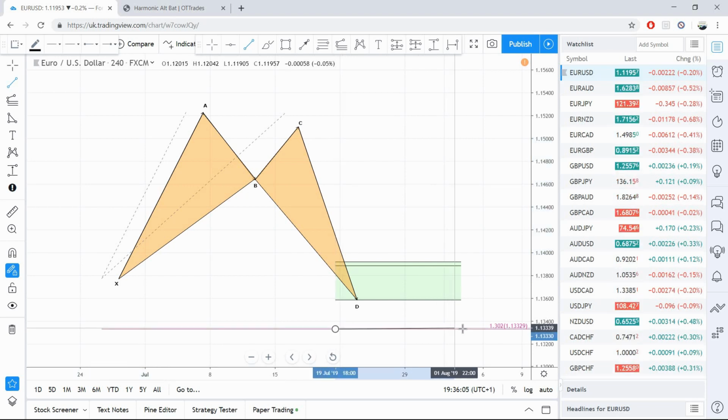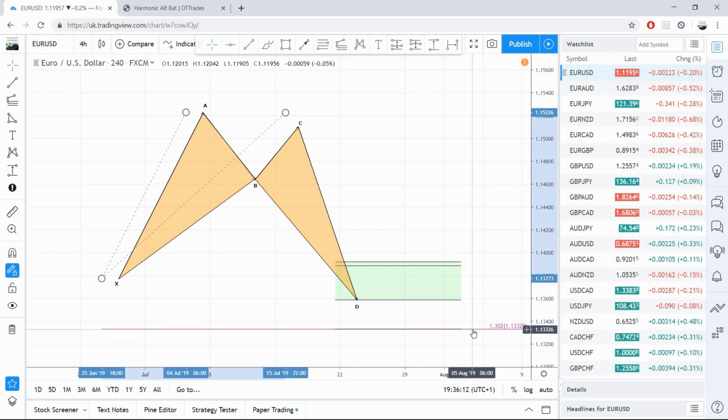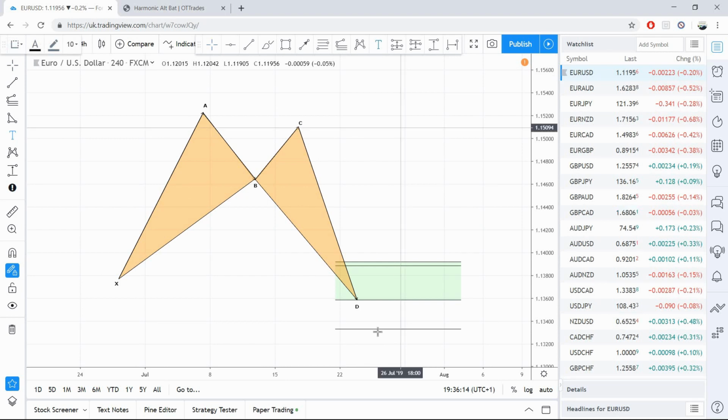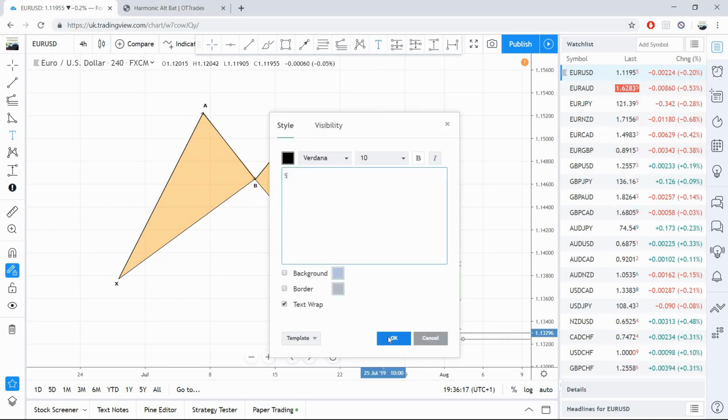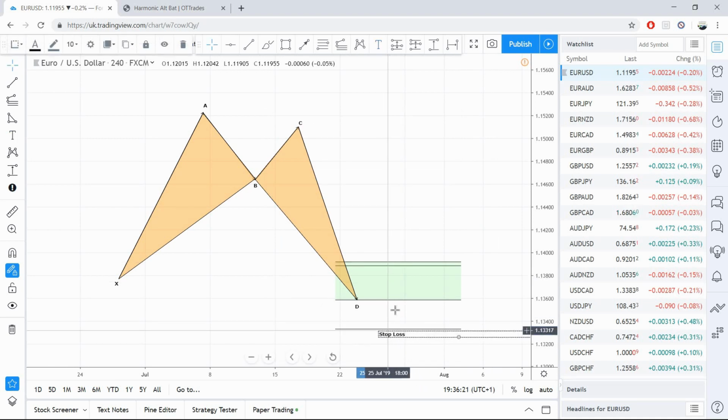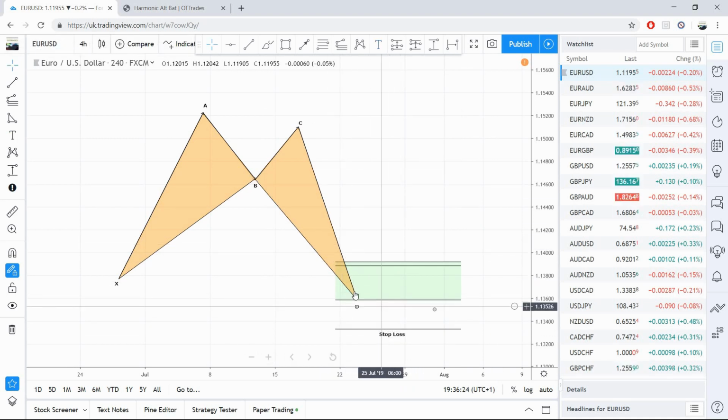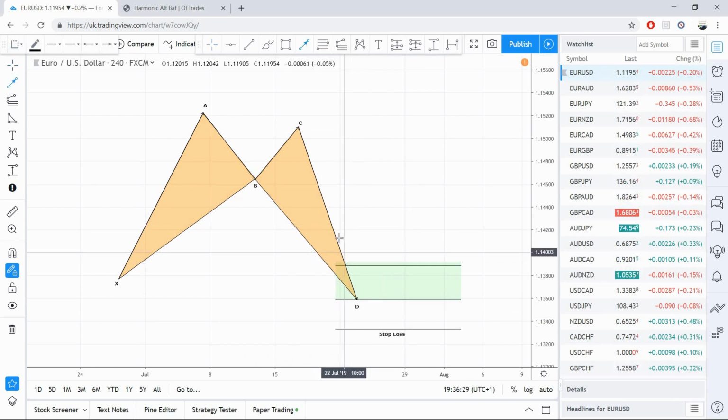Now, whilst we've got our stop loss on, it's worth mentioning that, as I said before, the green box there is the potential reversal zone. However, like I said, the pattern's technically not complete until it exceeds its D point. Now, if you're a more conservative trader, if price has moved down into this box here, obviously with the harmonic patterns, you're looking for a reversal, rather than with the advanced patterns, where you're setting limit orders at the D point.